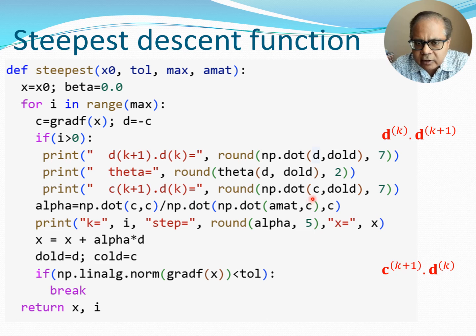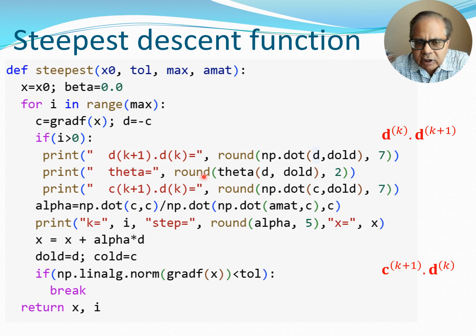That is the dot product between c and d old. So essentially the d old is dk, and d is dk plus 1, and c d old is ck plus 1 dot dk. Now you can think of this as dk into dk plus 1, or you can think of this as dk minus 1 into dk, and so on.